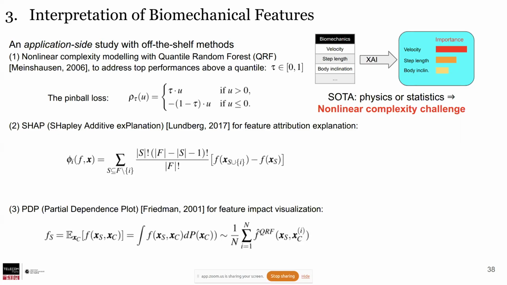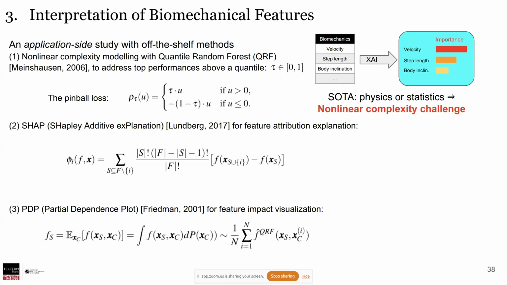Normal regression assumes the distribution of the target is a normal distribution, but in our case, we put our focus on a specific quantile using the pinball loss. So we set the quantile to be 90, which means we want to focus on the performances higher than 90% of all the performances. And with this, we model the relationship between feature and the performance.